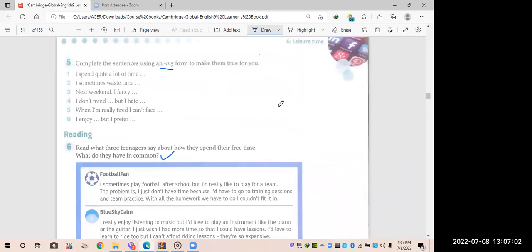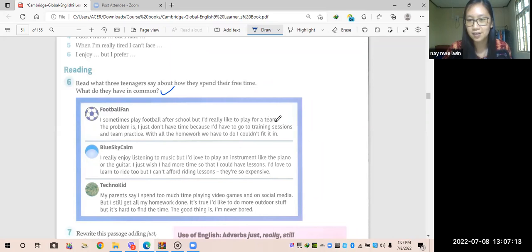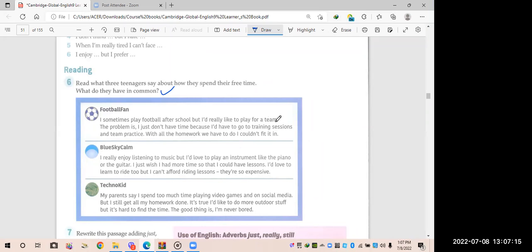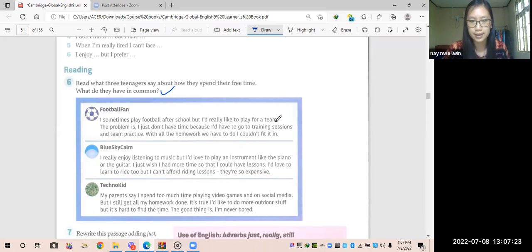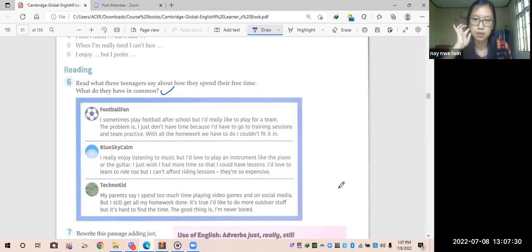What have you got? Okay, Jason, did you get the answer? Like they all want to do the outdoor activities. So they all want to do the outdoor activities.